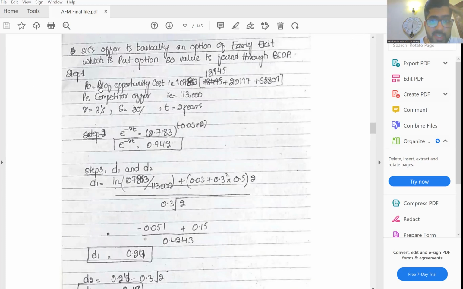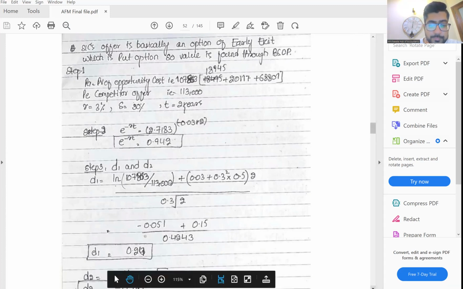Now step 1, PA 107863, PE 113,000, R 3%, S 30%, T 2 years. Step 2, E minus RT, found E minus RT 0.942. Step 3, D1, D2. For D1, it's ln 107863 over 113,000 plus 0.03 plus 0.3 squared times 0.5 times 2 over 0.3 root 2. Then D1 is got.